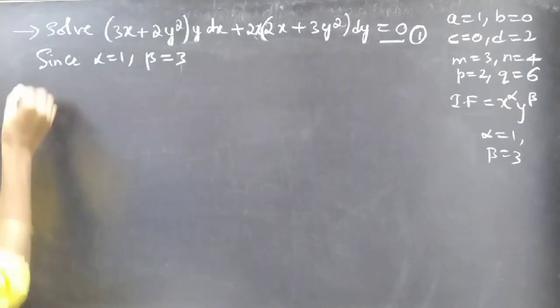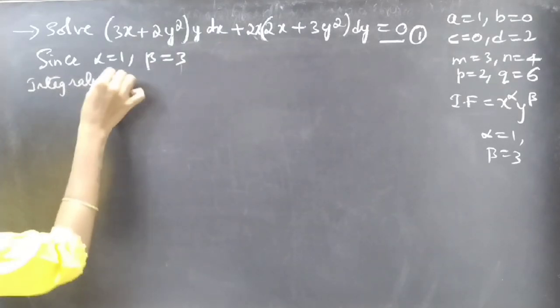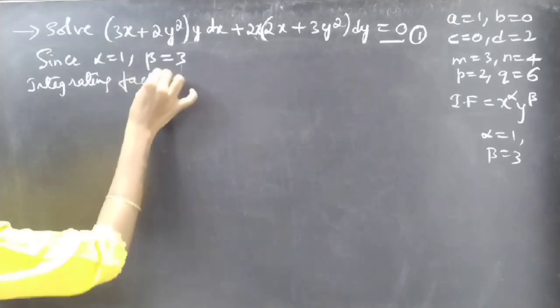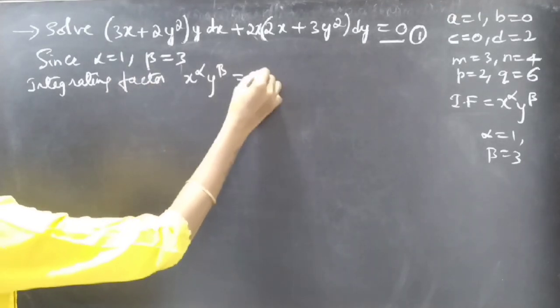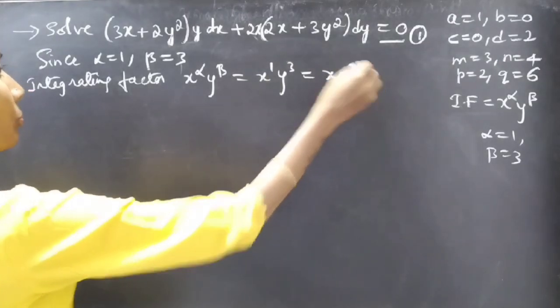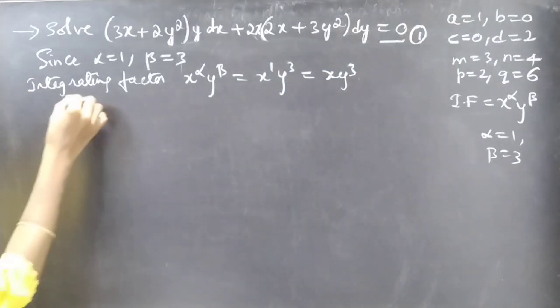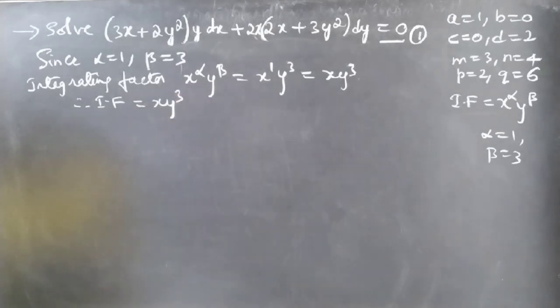So our integrating factor will be x power alpha y power beta equal to x power 1 into y power 3, which is xy cube. Therefore, our integrating factor is xy cube.